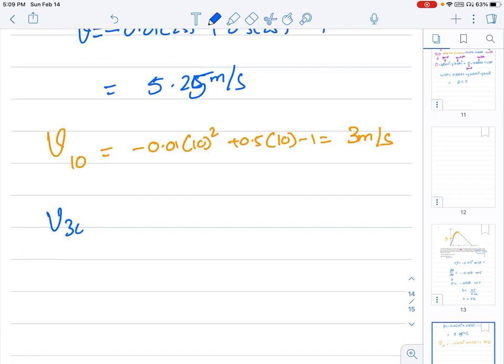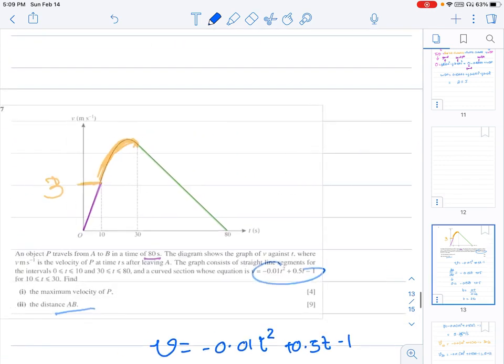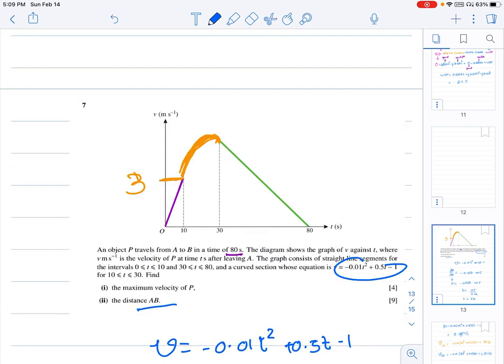So substitute 30 in the calculator. When I quickly do that, I get the answer as 5 meters per second. So in the diagram, this height is 5 meters per second.